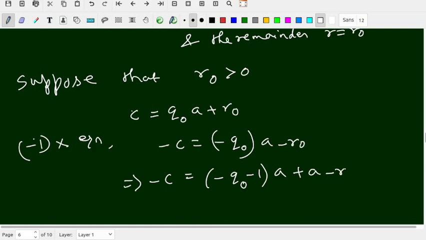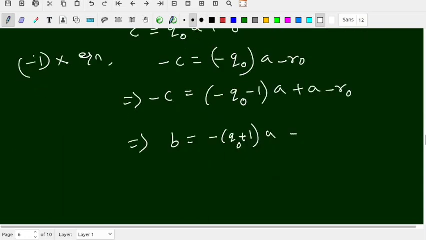So b equals minus q naught minus 1 into a plus a minus r naught. Here q is taken as minus q naught minus 1, and r is a minus r naught.